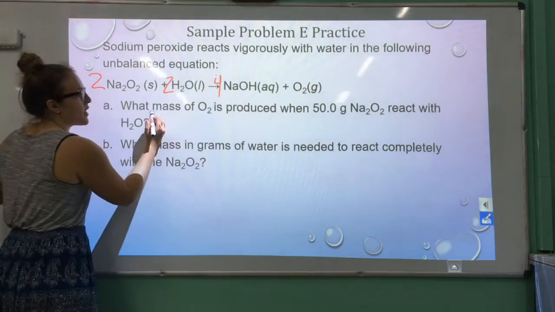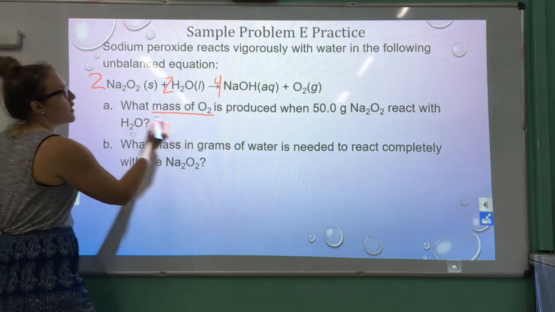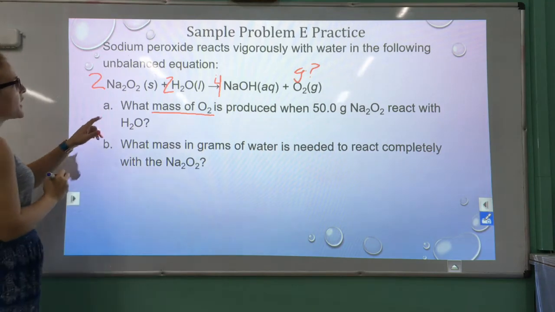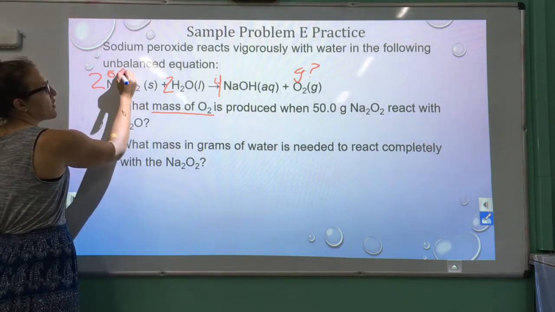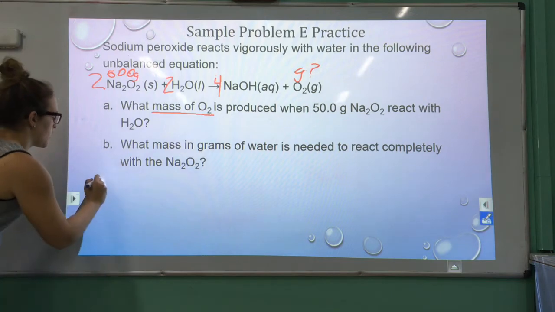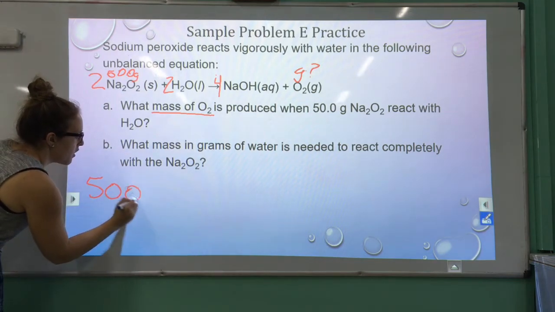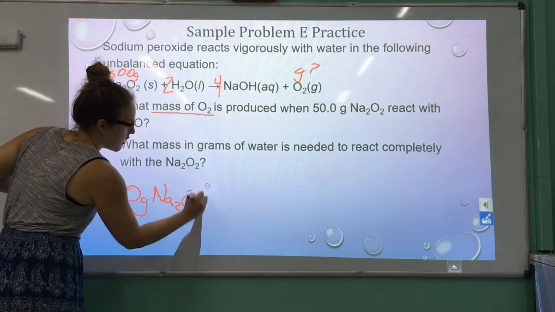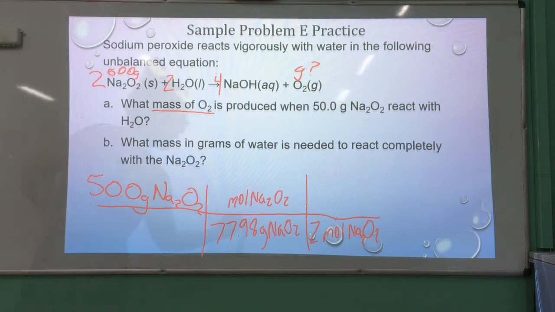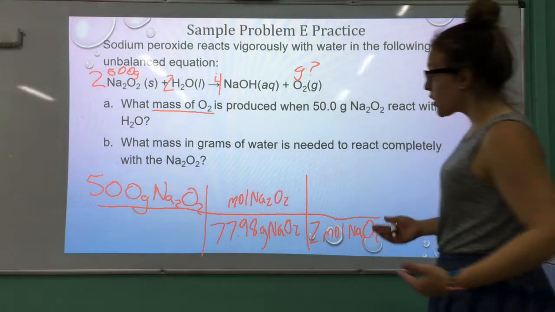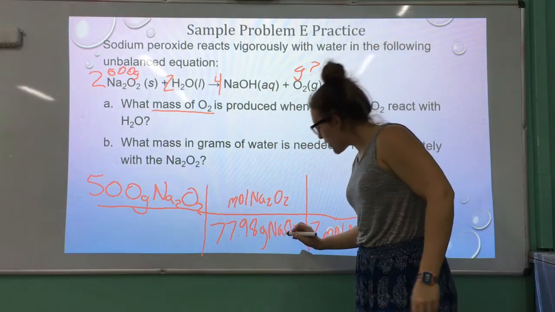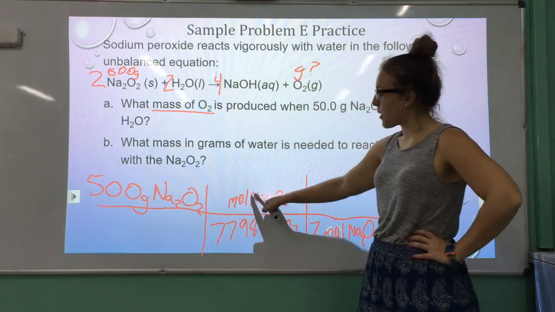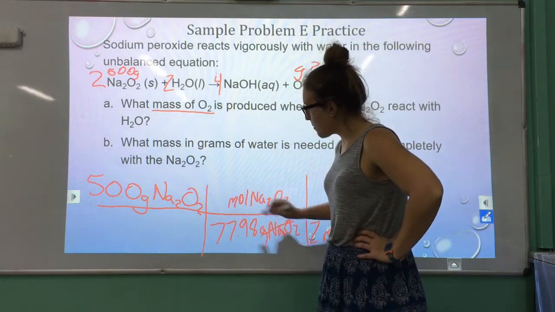So we are looking for the mass of oxygen, in grams, when 50 grams of this react. So let's look, 50.0 grams of sodium peroxide. We need the molar mass of sodium peroxide, which is 77.98 grams per mole. We can cancel out the grams now.